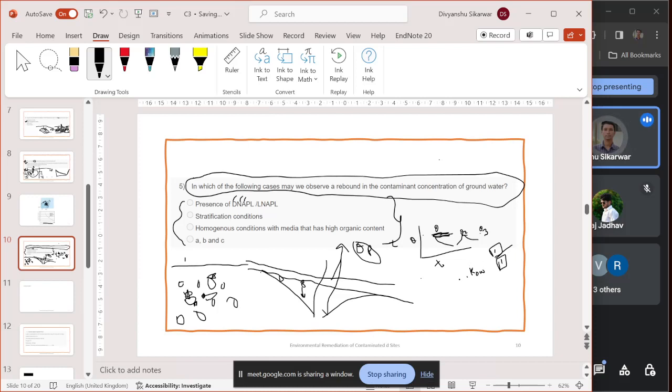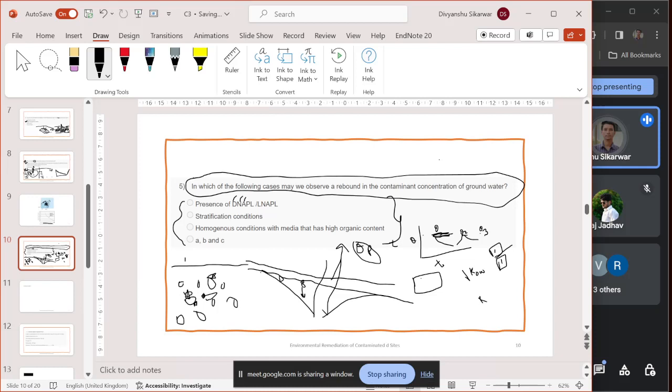If this value is very low, the solubility in water is very high, right? If the KOW value is high, the solubility of that compound in water is very low.